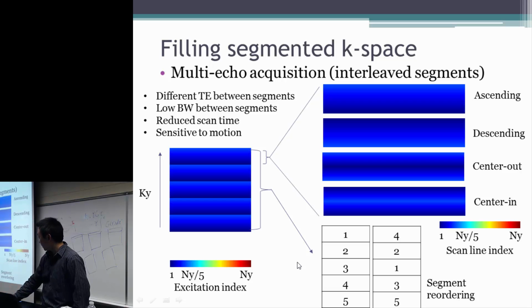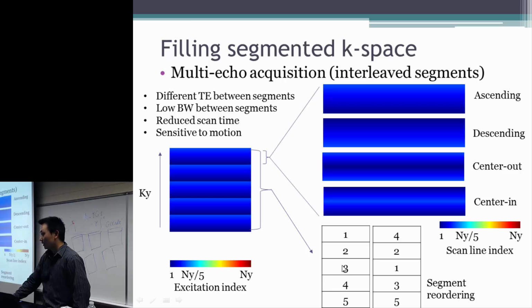Actually, this segment reordering is very important in determining the image contrast, because the first echo is always the shortest TE, right?